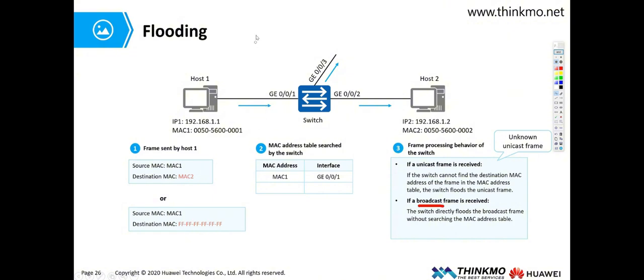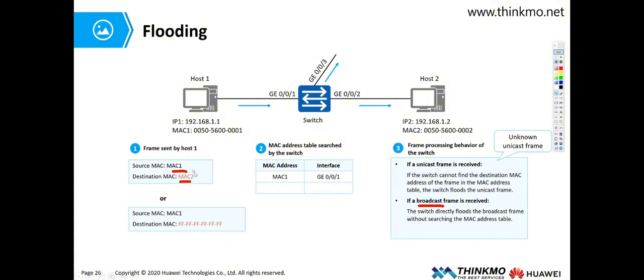Let's take a look here. If in this process, I have a unicast data frame, and my source address is MAC-1, and the destination address is MAC-2. This is called unicast, meaning I specifically want to find this MAC-2.